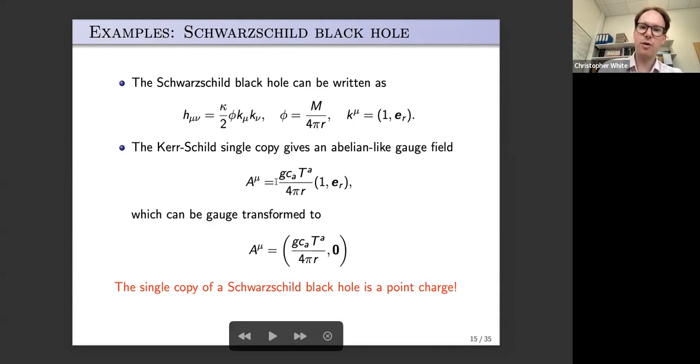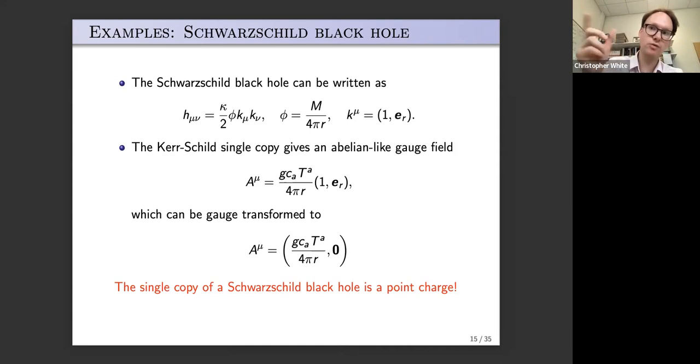And if you take the single copy of this using the rules I gave you, I'm skimming through this rather quickly, but we basically get a point charge. So what the single copy has done is it's turned a point-like mass in gravity into a point-like charge in the gauge theory. Now that, if you like, is an analog of the fact that kinematic information in the gravity theory for amplitudes was replaced by charge information in the gauge theory. It's exactly the same sort of idea. So it's very physical in some sense what's going on here.